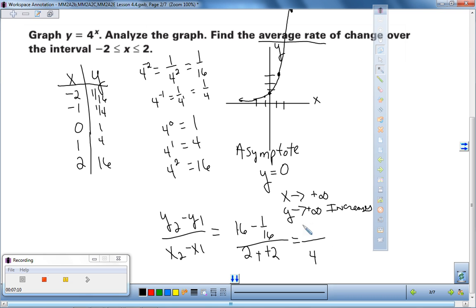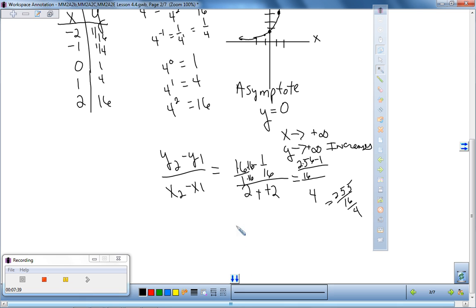Now, we have to subtract a whole number and our fraction, so we have to make them the same denominator. We put the whole number over 1 and multiply by 16, so we end up with 256 minus 1, over 16, so we end up with 255 over 16, all over 4. So we have 255 over 16 divided by 4.